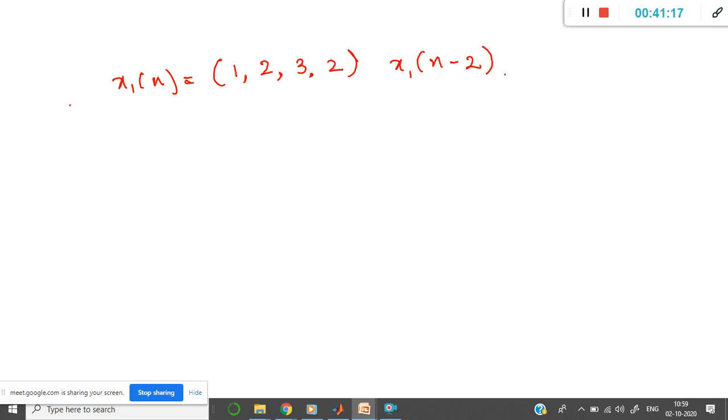So how do you perform this? Let us consider y of n equal to x of n minus 2, and this is a 4-point DFT, right? So this is a 4-point DFT here.